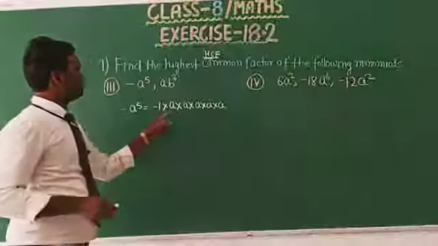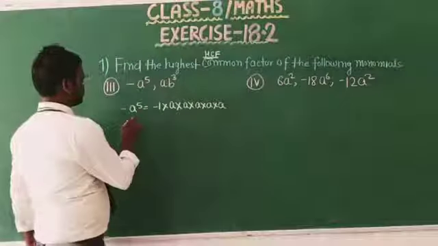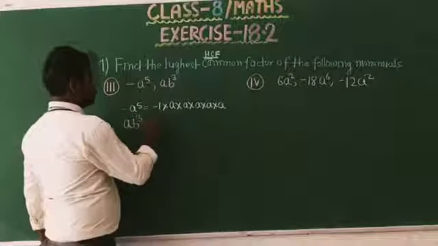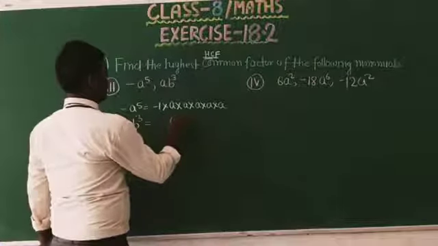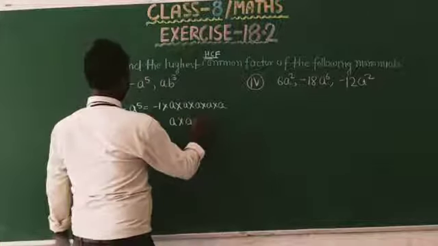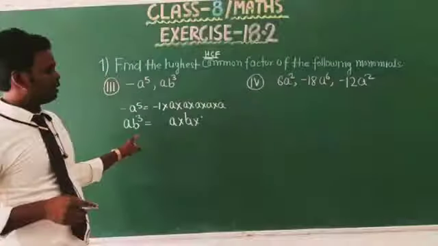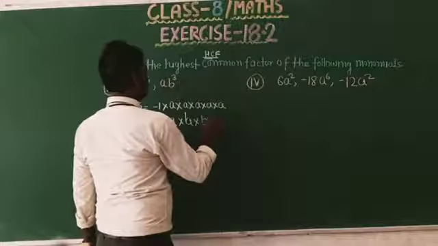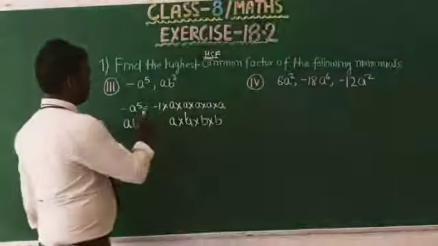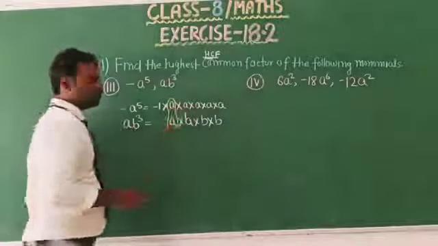The second expression is a b to the power 3, which is written as a, 1 time, and b into b into b, 3 times. So we have only a as the common factor.